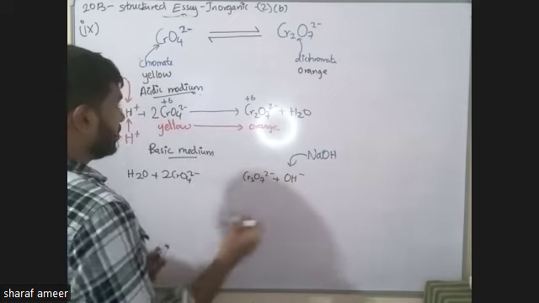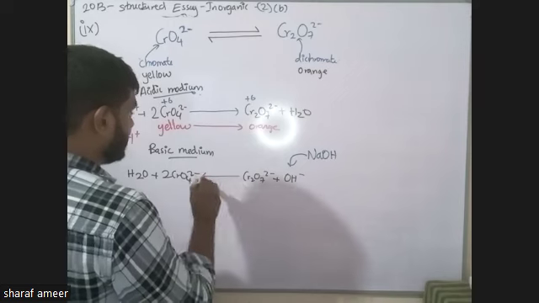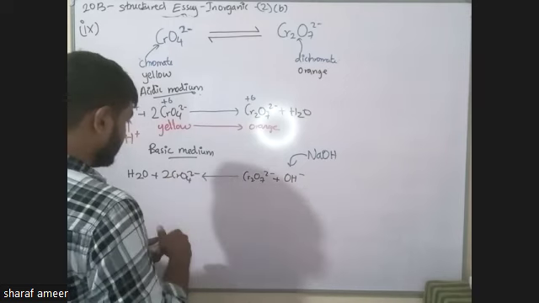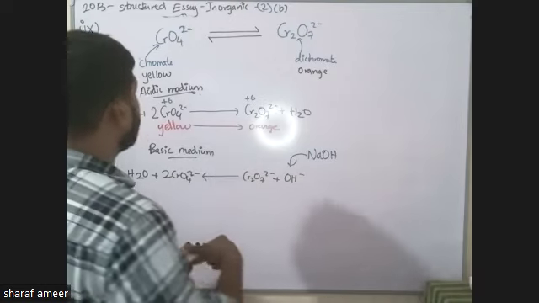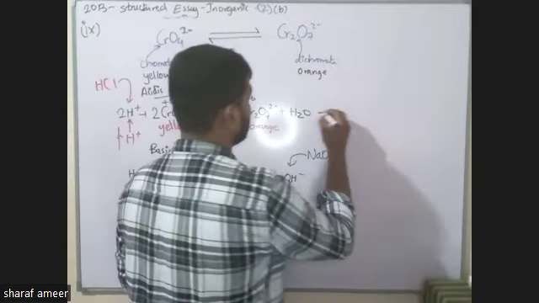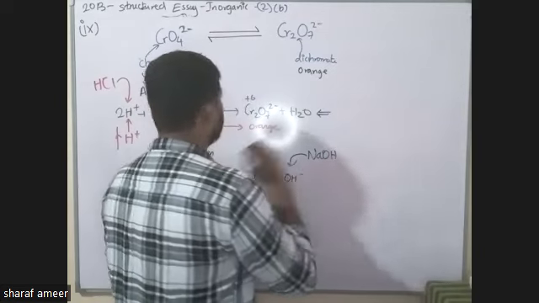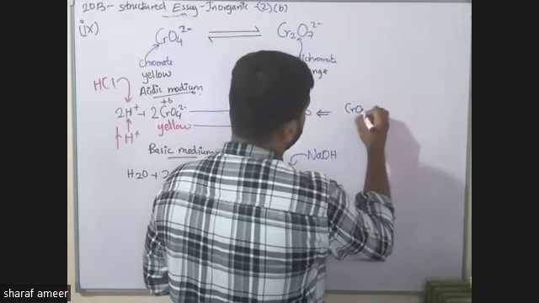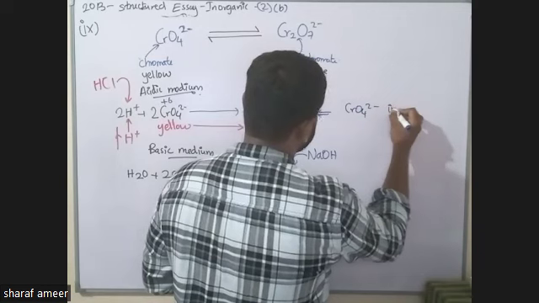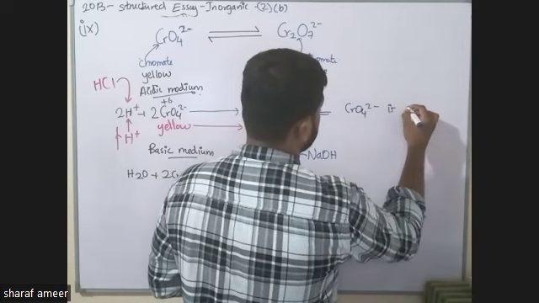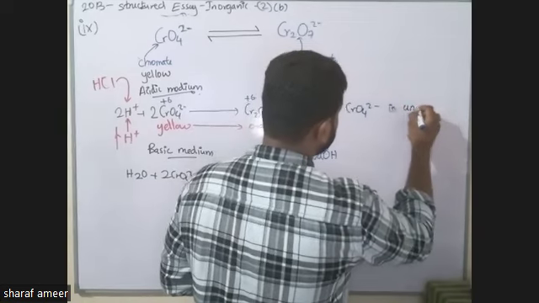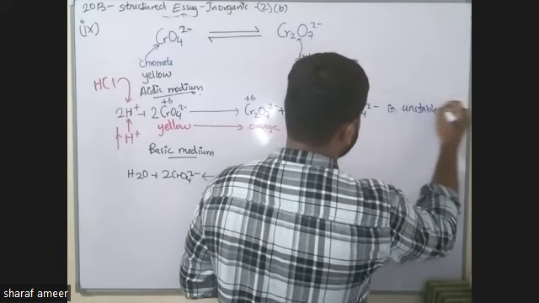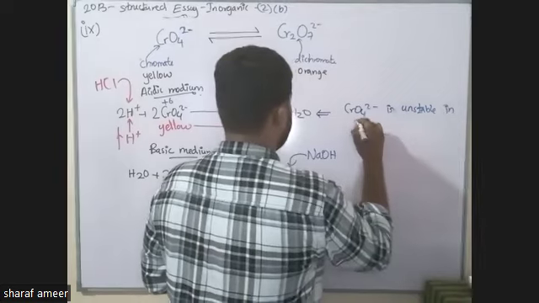The reason is that dichromate is unstable in basic medium, and chromate is unstable in acidic medium.